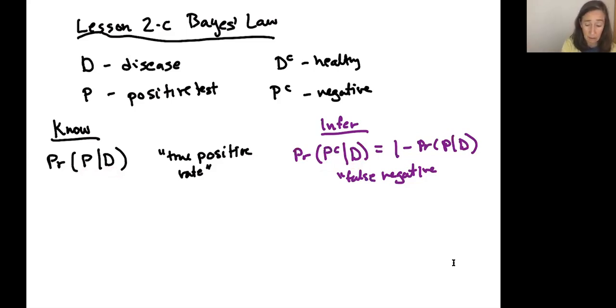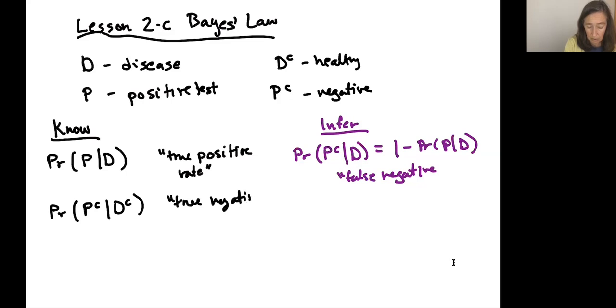All right, so what else would we probably know? The other thing we probably know would be the true negative rate. The probability that the test comes back negative when there is no disease, when the person is healthy. So this is the true negative, right? And yeah, you got it. From that, we can infer the false positive rate.